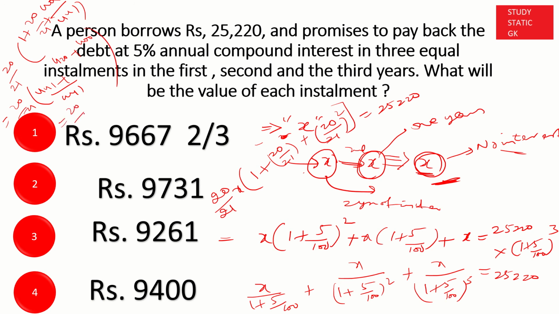Alright, that is equal to 20 by 21 into 1261 into X is equal to 25,220. So if we see this 1261, this is into 2s, right? Am I right?